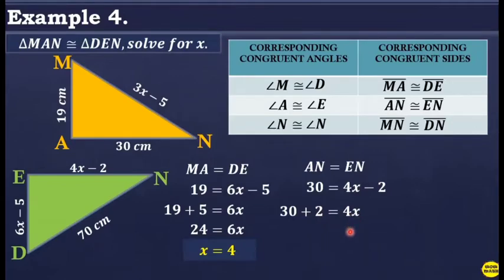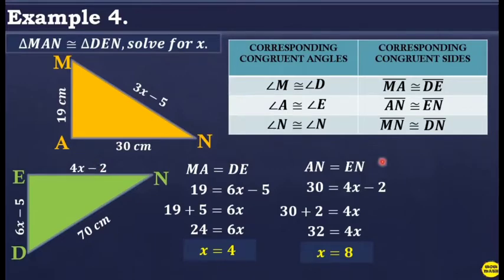So, 32 is equal to 4x. Divide both sides by 4. 32 divided by 4 is 8. So, x is equal to 8. Substituting 8, 4 times 8 is 32, minus 2, that is 30, which is equal and congruent to this side. So, AN, which is 30, is congruent to this side, which is also 30.